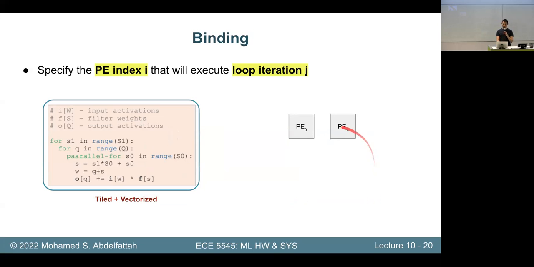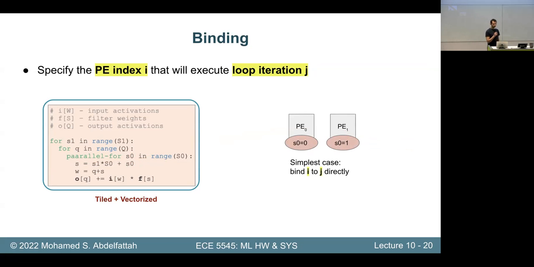So in the example where we have two PEs, the simplest case is just to bind the loop iteration variables to our PE variables, or our core variables, or our thread indices, basically. So the easiest thing is to take this parallel for loop and say that my iteration variable is going to be my thread index as well.